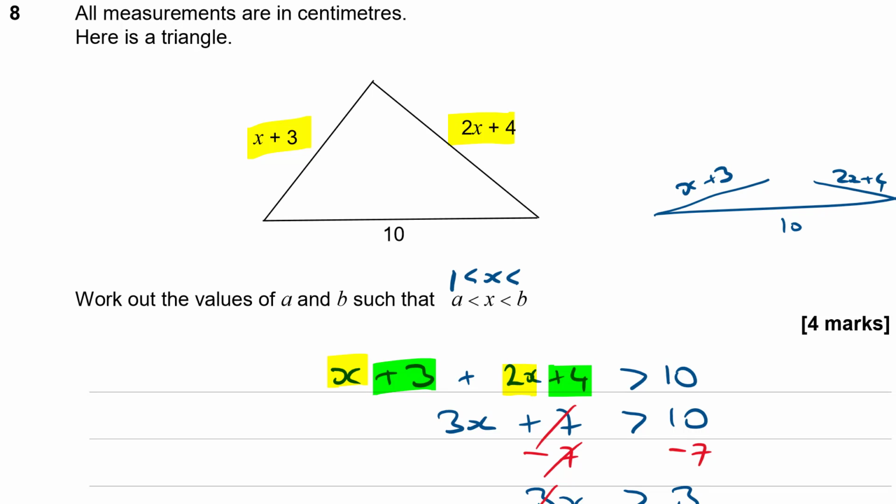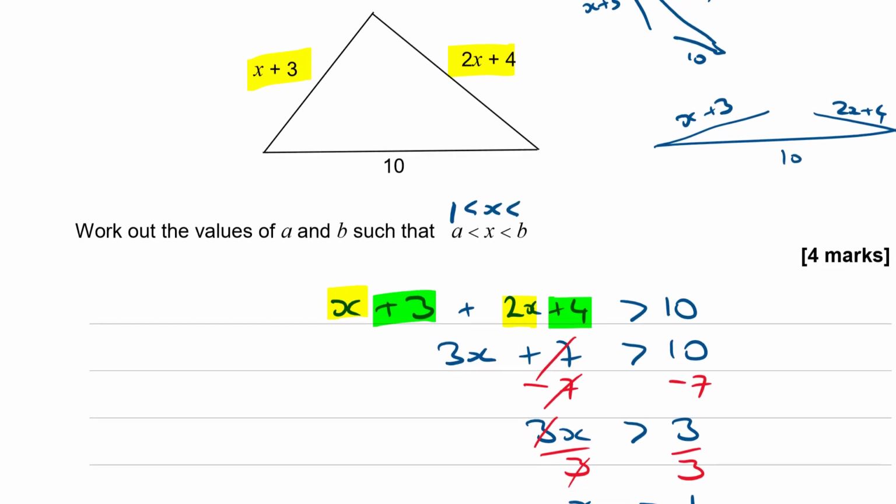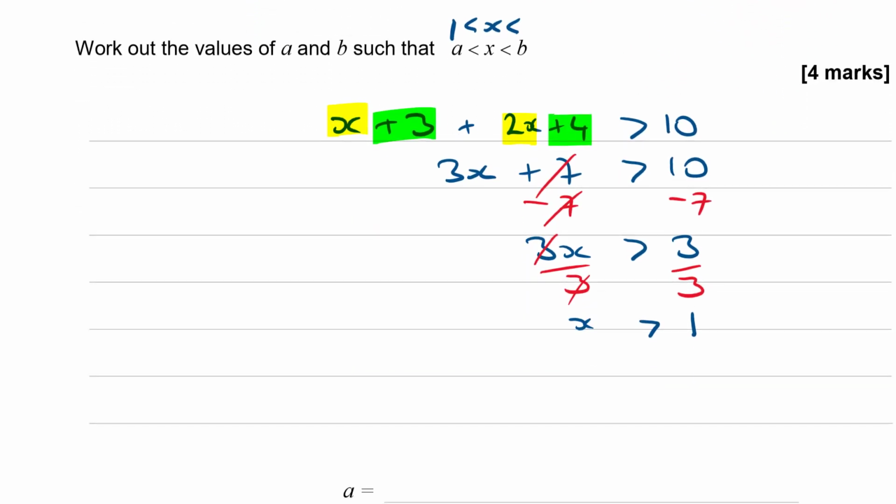I could say, if this side is 2x plus 4, then the x plus 3 and the 10 have got to be greater than 2x plus 4 as well, otherwise it's not going to form a triangle. So x plus 3 plus the 10 has also got to be greater than the other side, which was 2x plus 4.